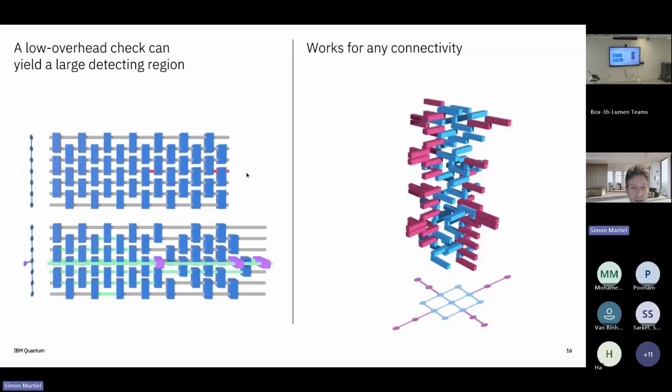And the cool thing is that even a low overhead check, so here this is a 3D picture of our construction, even a very low overhead check, so here, for instance, we have a weight 3 check where we only insert 3 Pauli gates, can lead to a very large detecting region. So if I backpropagate the final measurement once I implemented the check, I get quite a huge region of this circuit that's covered by the check.